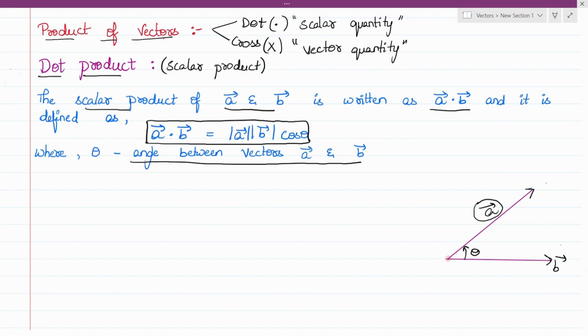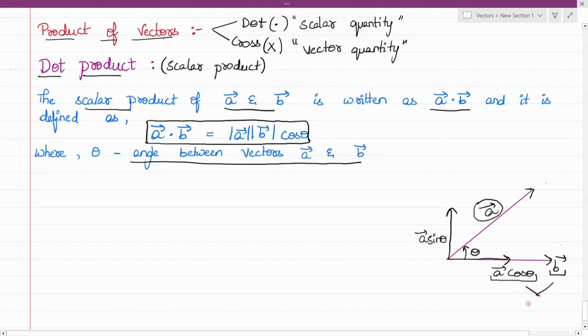In the horizontal direction, the A vector becomes A cos theta, and in the vertical direction, it becomes A sin theta. When you multiply the A cos theta component and the B vector, you get A dot B. So A dot B is nothing but magnitude of A, magnitude of B into cos theta.